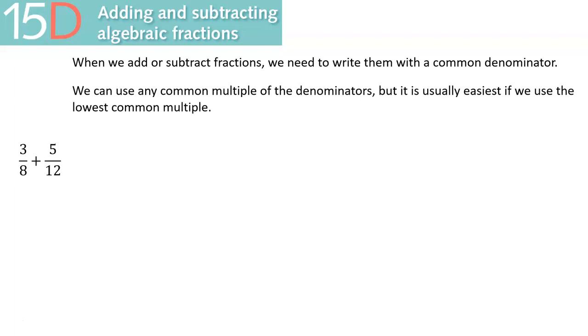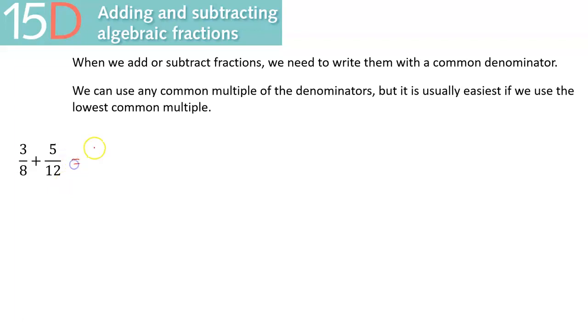So in this numeric example, I could just multiply 8 by 12 to get 96 and use 96 as my common denominator. But it's going to give me easier numbers if I notice that 8 and 12 both have a common multiple of 24. And that's going to give me much smaller numbers.